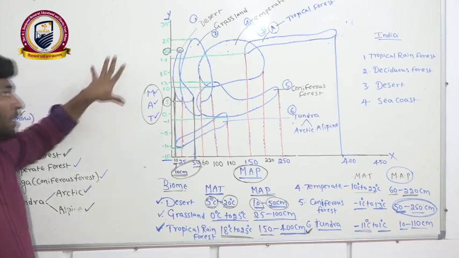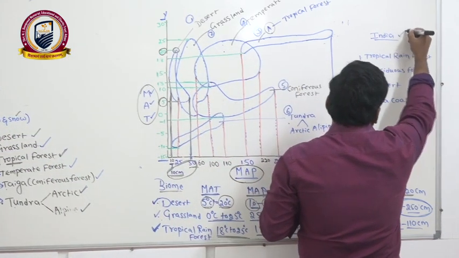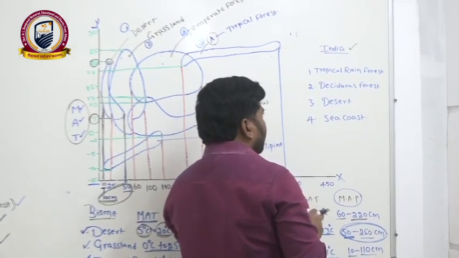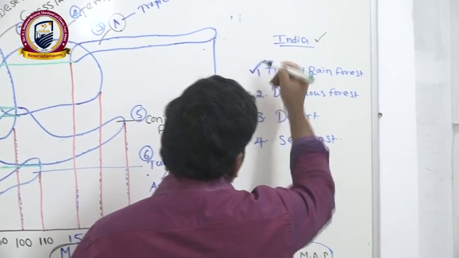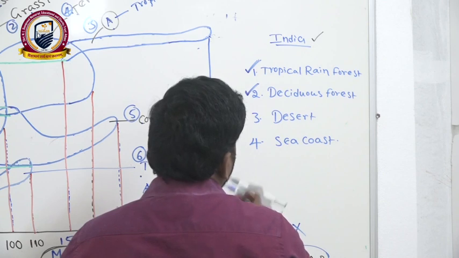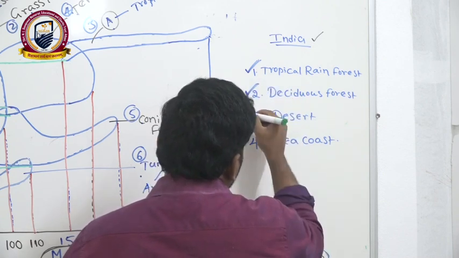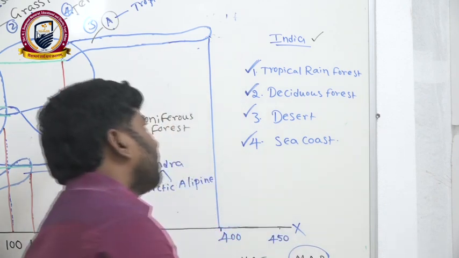Like as in our India, especially in our India, majorly 4 biomes are there. Those are, one is tropical rainforest biome, second one is deciduous forest biome, third one is desert biome, and fourth one is the sea coast biome.